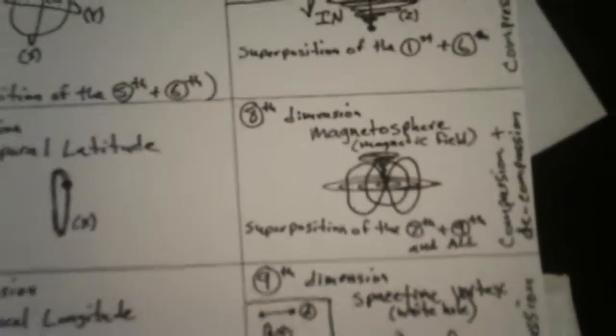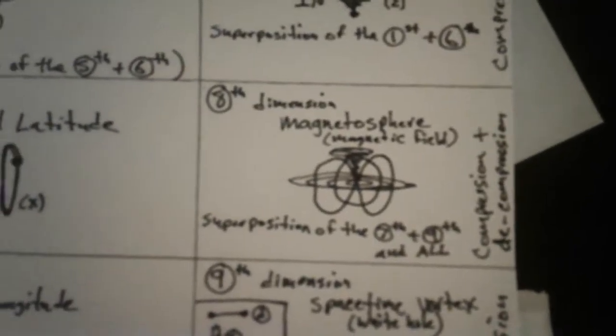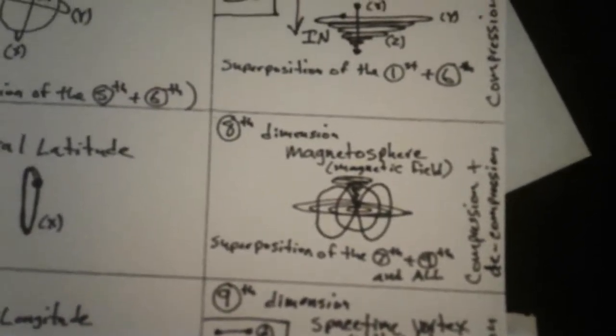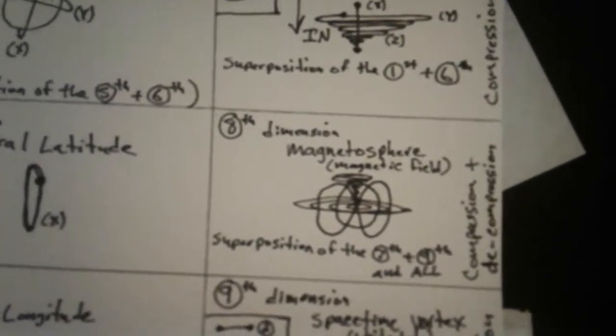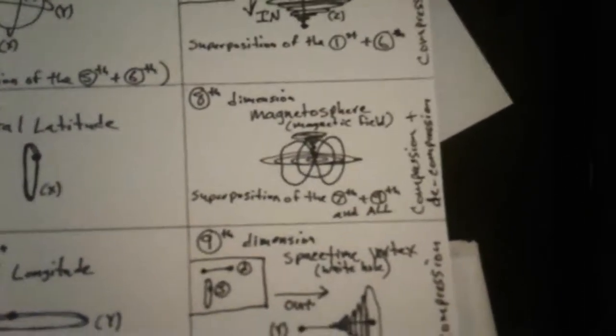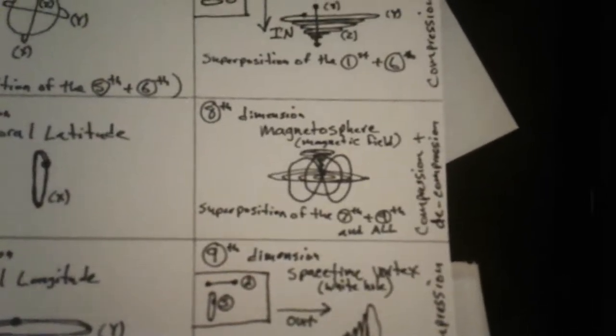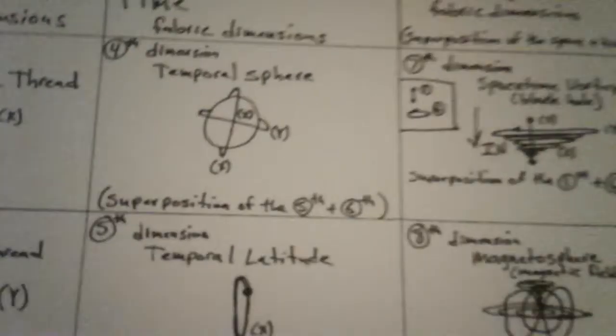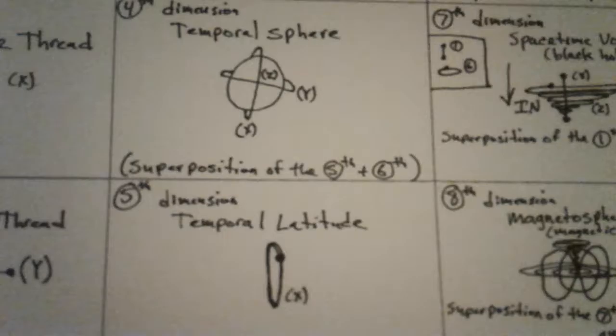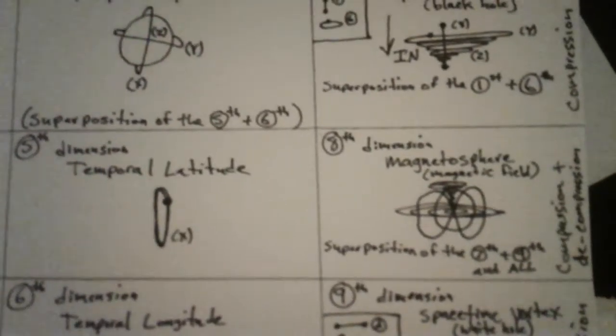I didn't go into that, but this is an 8 loop that switches and shifts every time it loops. So that's why you have multiple cells in a magnetic field, because it's shifting every time it goes back in. So it's acting like a temporal sphere, but it's also shifting.